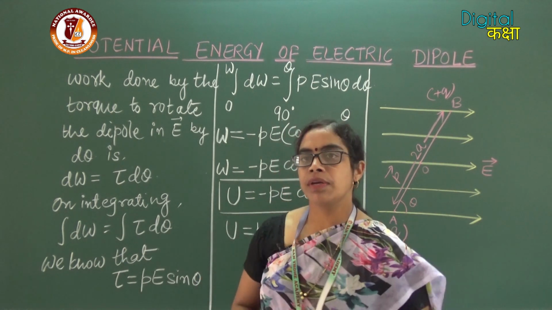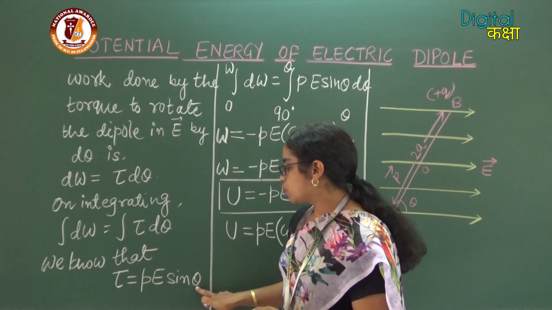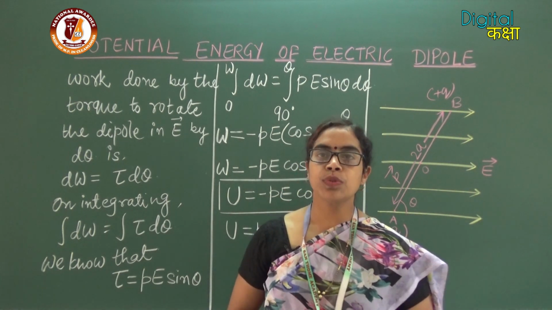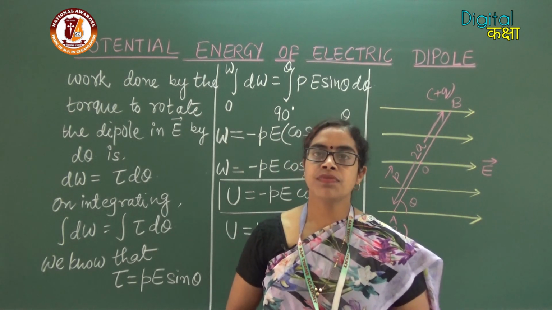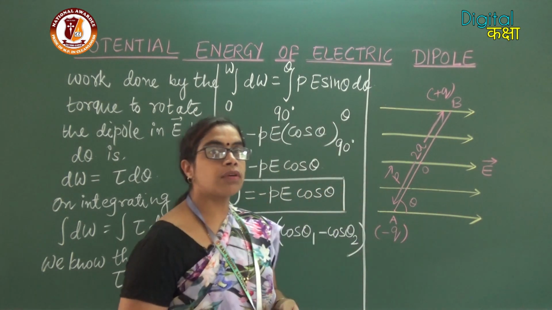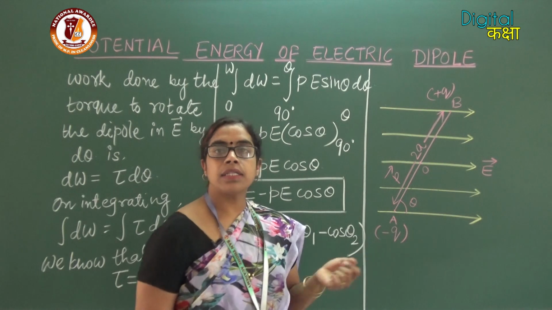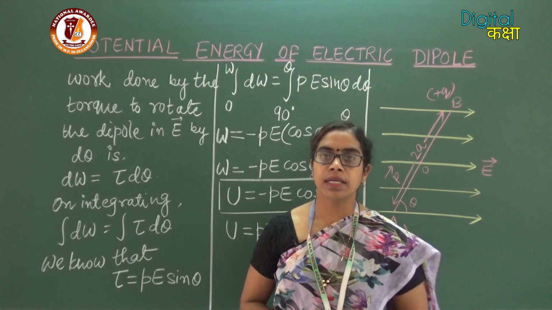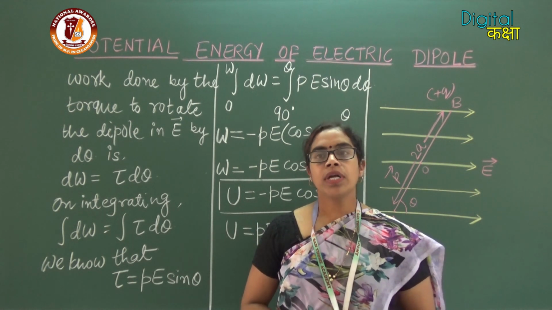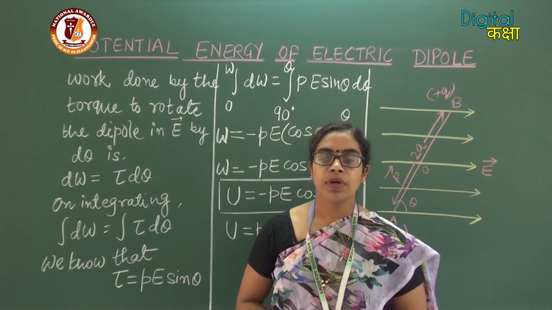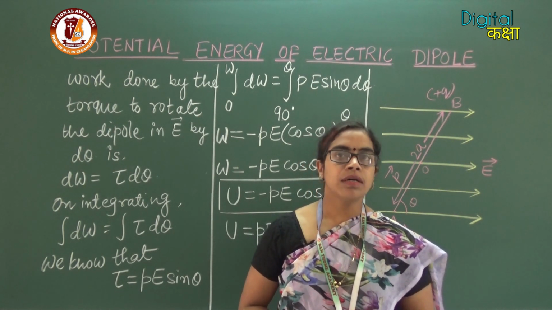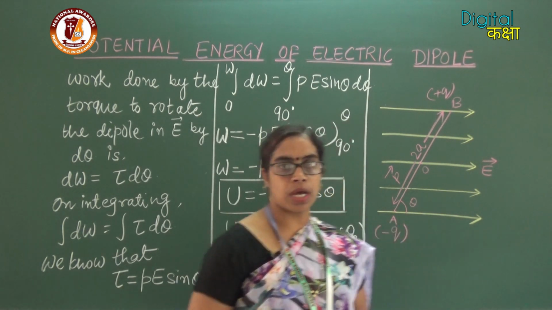This condition of equilibrium can be obtained for two different values of theta. The first one is theta equal to 0 degree and the second is theta equal to 180 degree. Now, what is the significance of these two different values of theta in the potential energy formula?